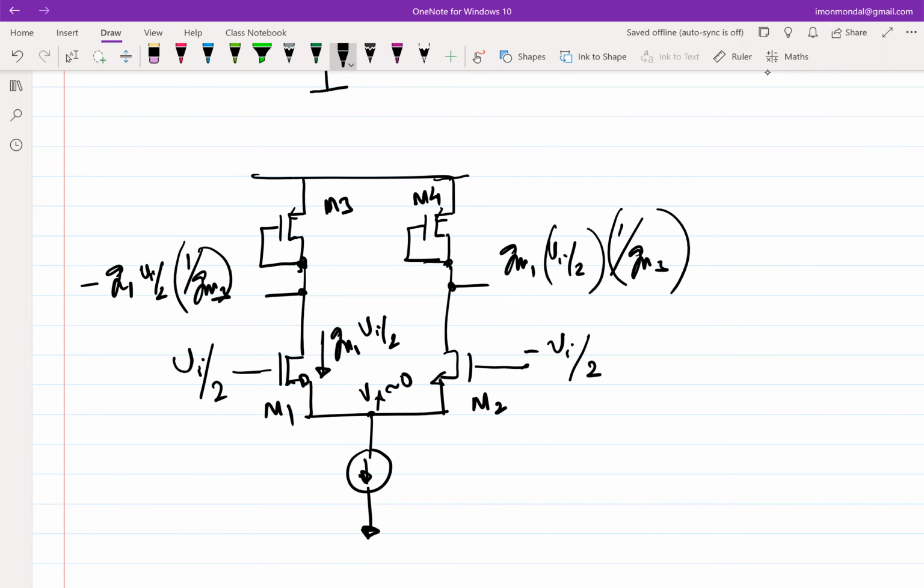So which essentially means that we need to disconnect this diode connected stuff, but we need to still have negative feedback. We still need some way of establishing the bias.